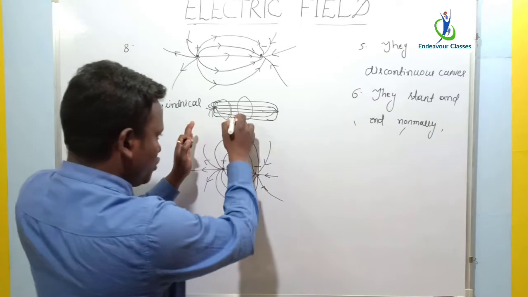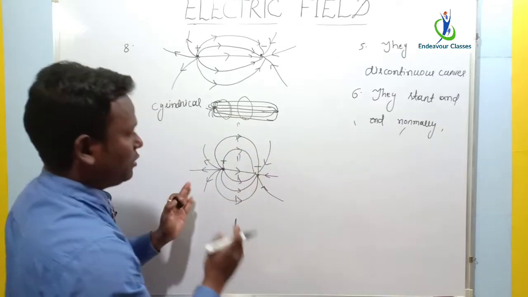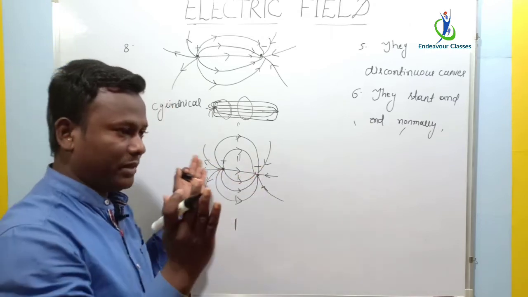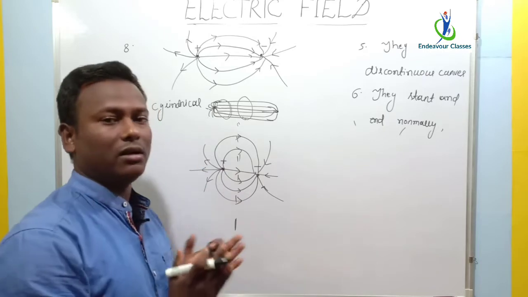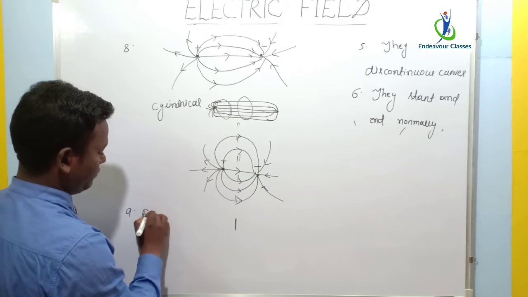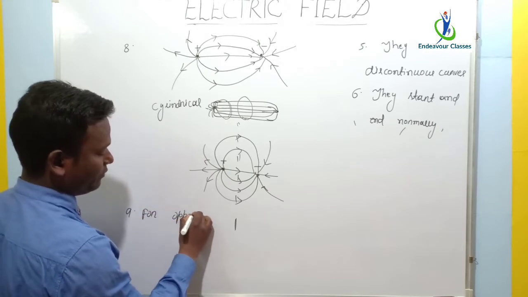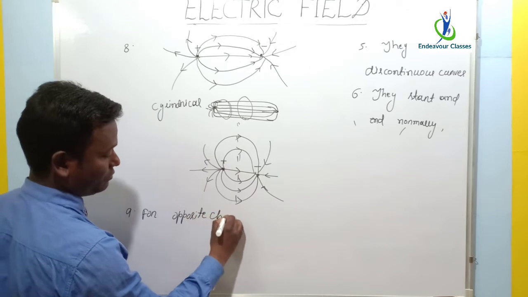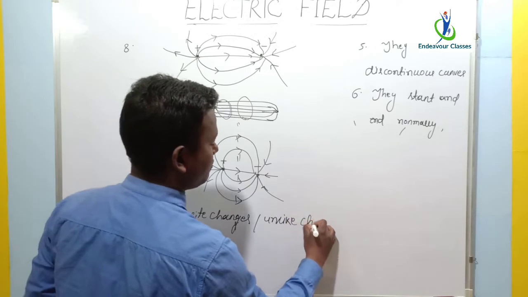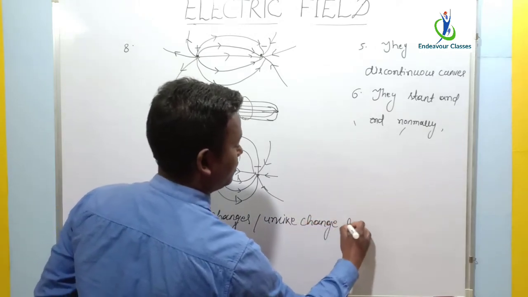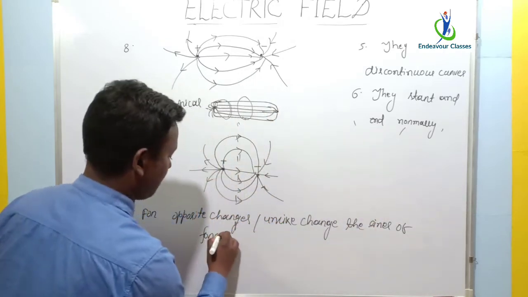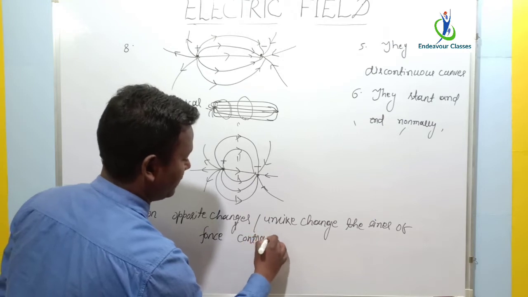So they are contracting longitudinally along the length, along the perpendicular axis. As the positive and negative charges are coming closer, the lines of force contract longitudinally.